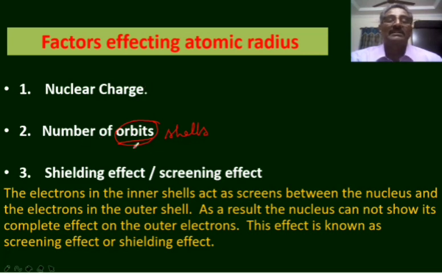The factors are nuclear charge, number of shells, and shielding effect or screening effect. Nuclear charge: you know that the charge of the nucleus depends upon the number of protons present in the nucleus, that is, the atomic number.